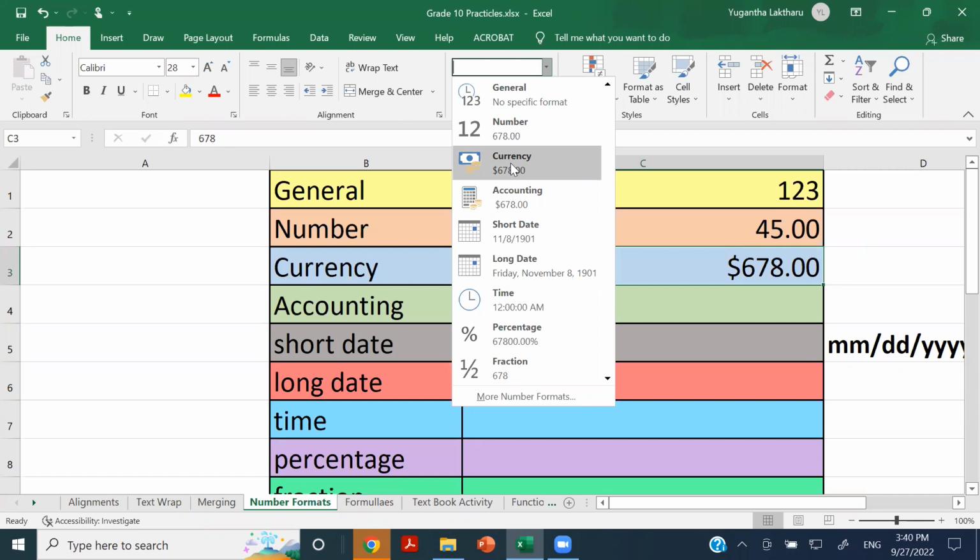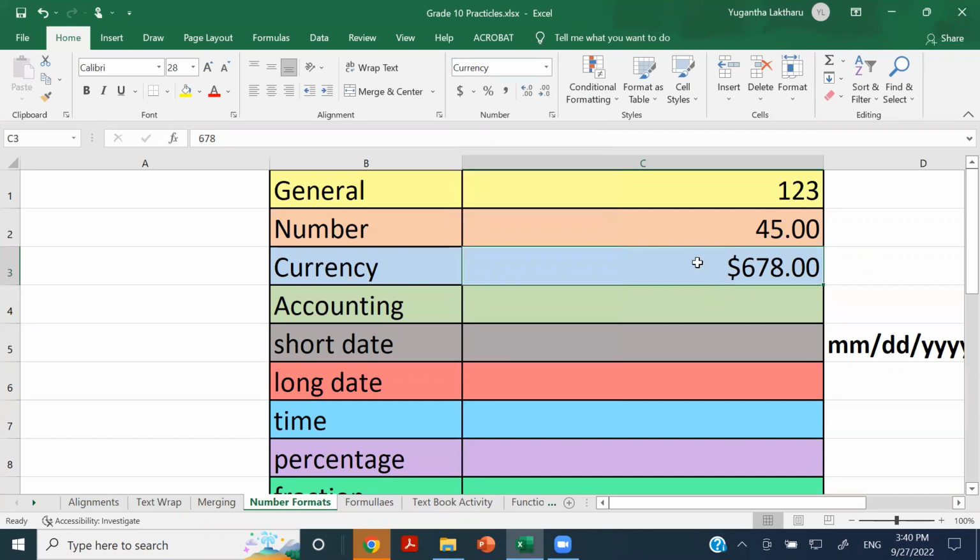One is Currency and the other one is Accounting. Both of the number formats are used to represent a value with a currency symbol. But in Accounting, you will see the currency symbol of this particular value.